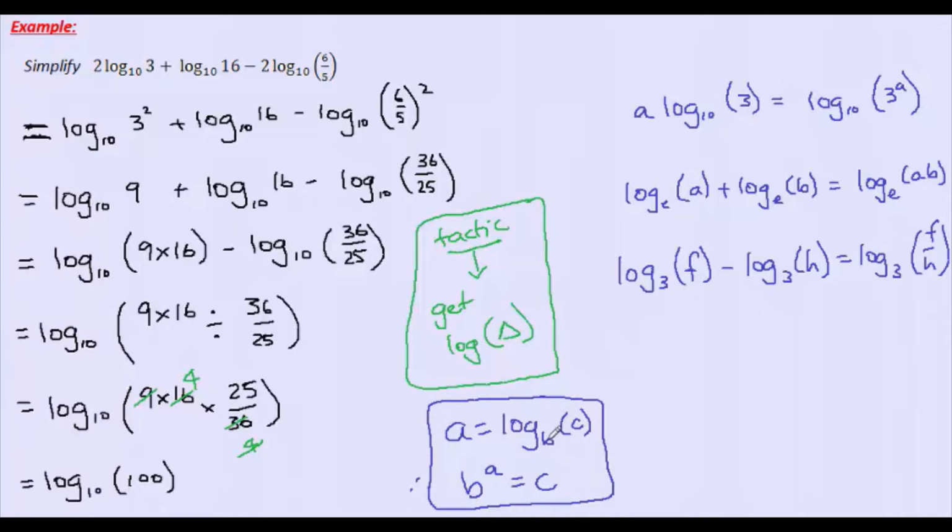So my base number to my power equals my answer. So my base number to here will equal this. So therefore 10 to the what equals 100, and of course that equals 2. So my answer for all of this kerfuffle comes down to an answer of just 2.